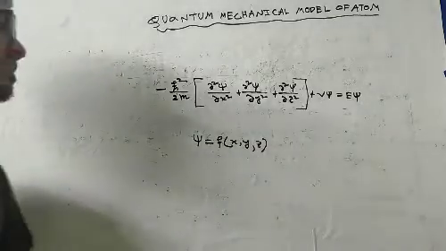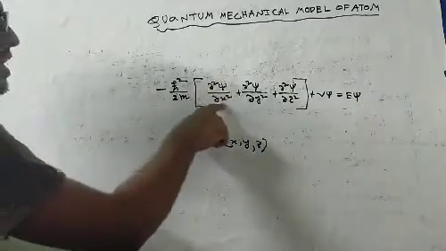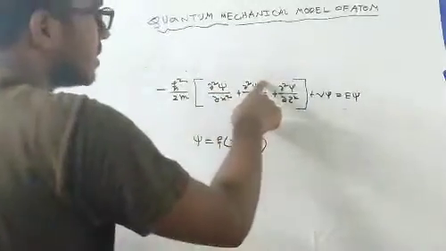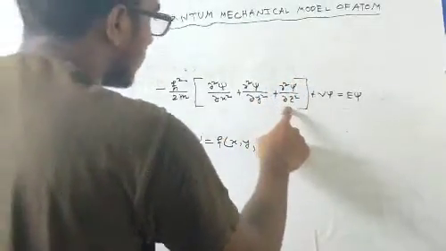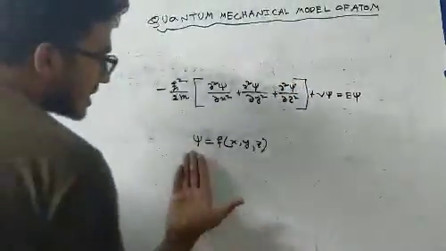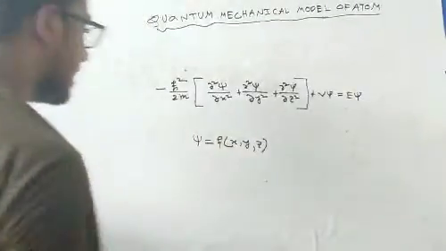We are doing the derivative on psi with respect to x, y and z, so our solution comes out as psi equals a function of x, y and z.